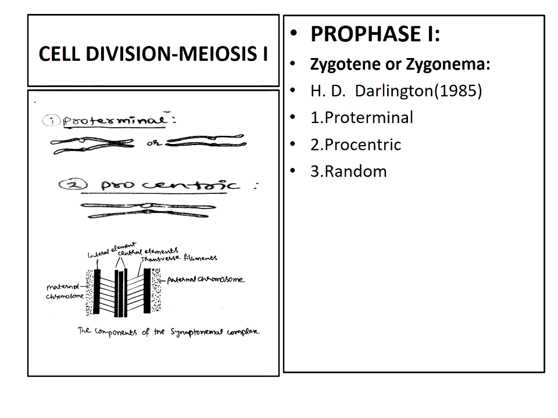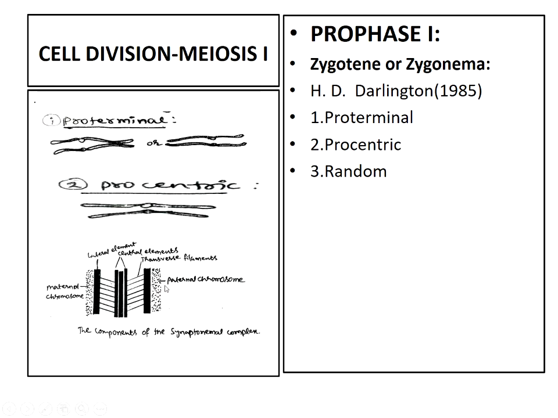In the electron micrograph, the synaptonemal complex appears as a linear complex of three parallel proteinaceous strands, situated between the paired homologous chromosomes.